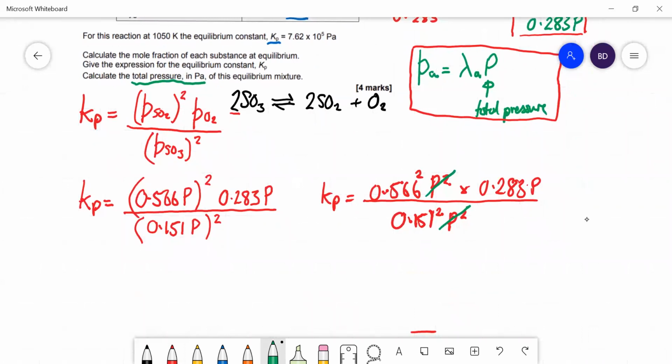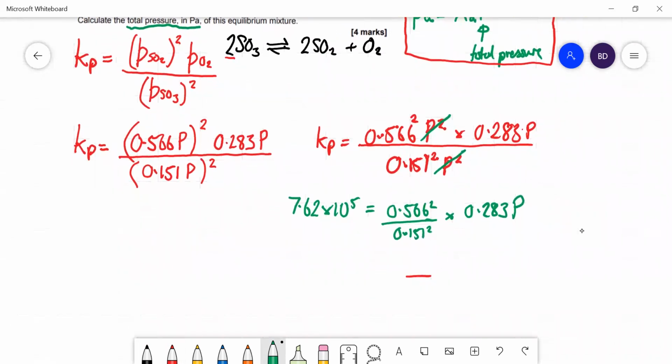I'm going to put in the value for Kp now. Now Kp, they tell us, is 7.62 times 10 to the 5. So let's do that. 7.62 times 10 to the 5 is equal to 0.566 squared over 0.151 squared multiplied by 0.283 big P. Rearrange all of that to get big P all by itself, the total pressure, which is what we're trying to find out.